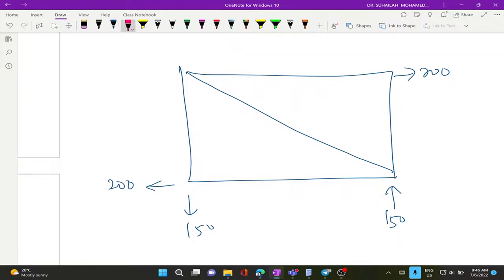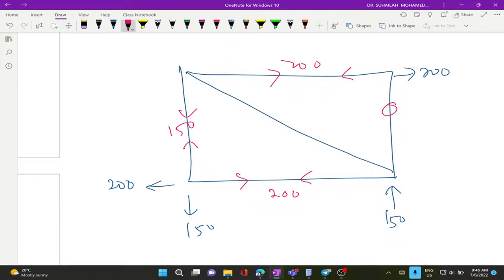So what we should do is balance the loading at each joint. Here we get 150, here 200, here 200, and this one is 0.